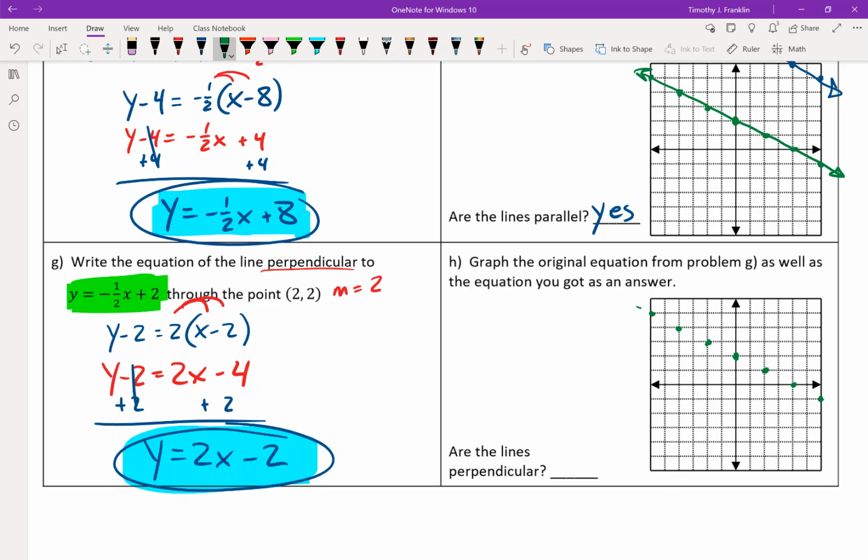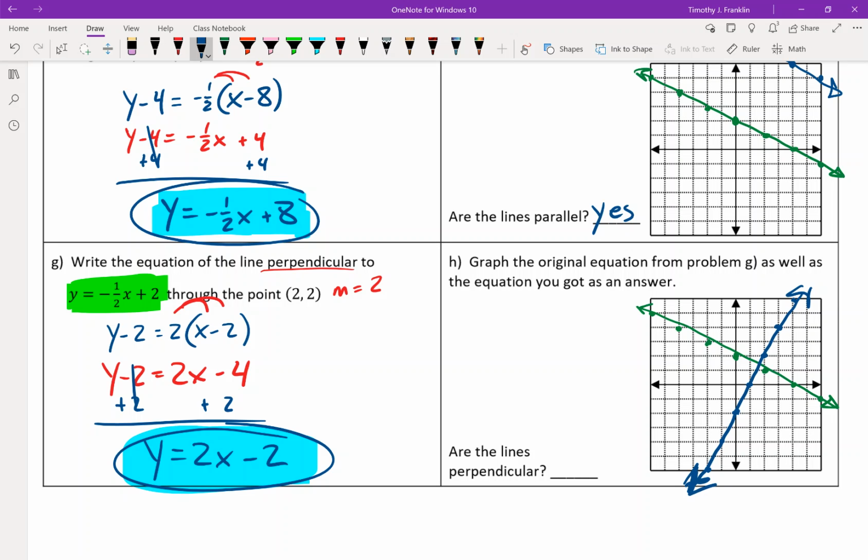Looks like this. Okay, now the equation y equals 2x minus 2, we're starting at negative 2 and then up 2 over 1 for the slope, or down 2, left 1. So there's our line.